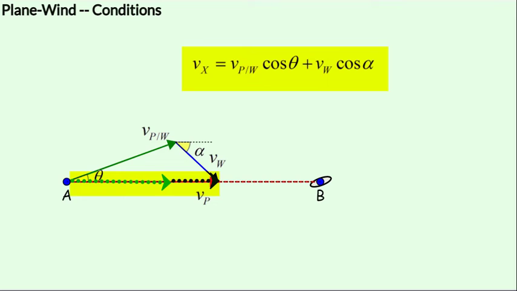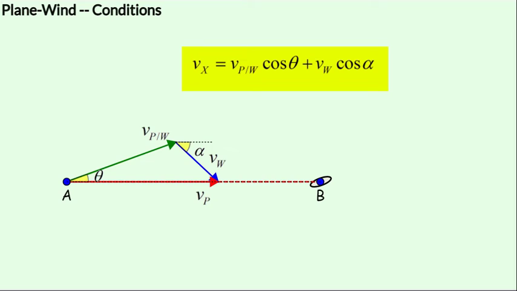And the x components of both Vp with respect to w and Vw are in the same direction, so we can add them up. Alpha is the angle the wind makes with the horizontal. So this is the magnitude of the velocity Vp.